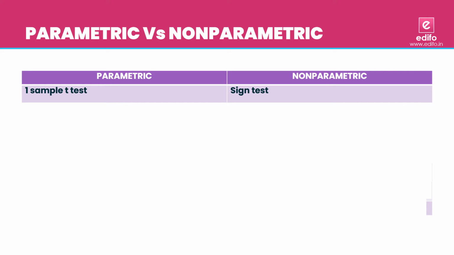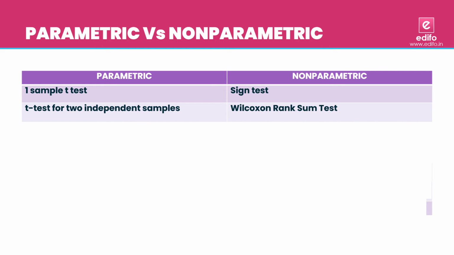So if the assumptions are not met, you can apply the non-parametric test. The second is the t-test for two independent samples. Its equivalent non-parametric test is the Wilcoxon rank-sum test. So if the assumptions of the t-test are not met, you can apply the Wilcoxon rank-sum test.